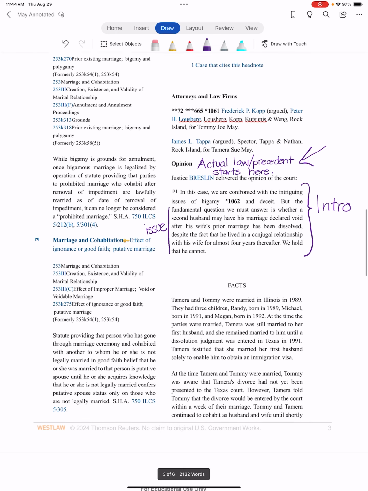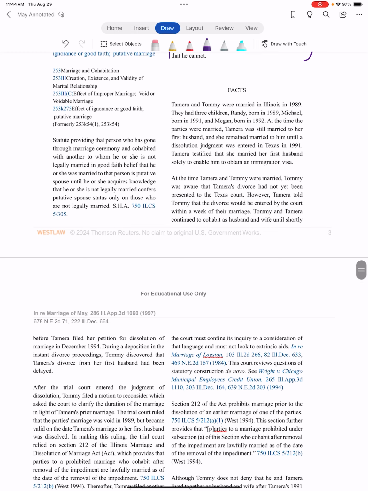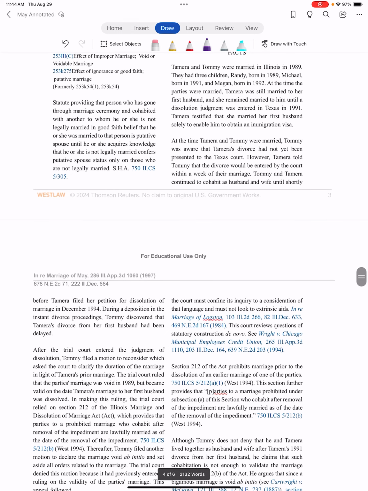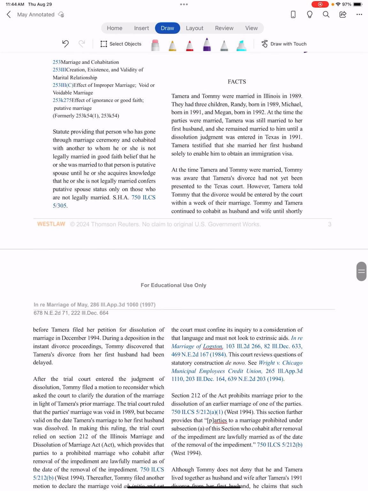Next, I have facts. So skimming through these 2 paragraphs of facts, I see in the first paragraph, those are what I called in class, for lack of a better term, facty facts, like what happened to the couple before they got to court.